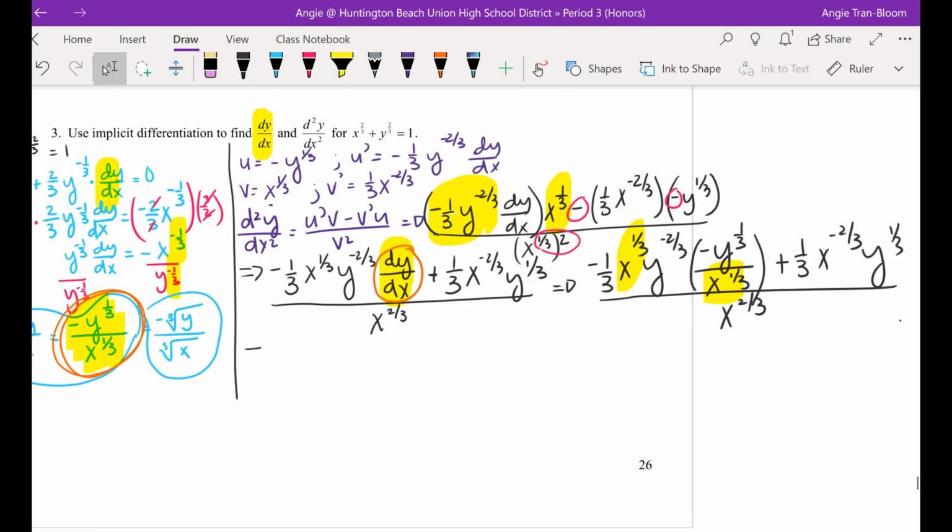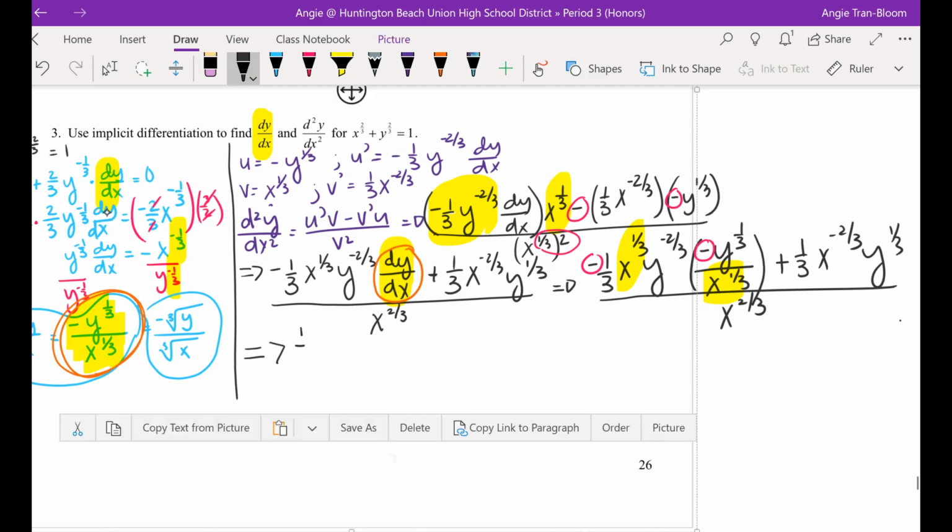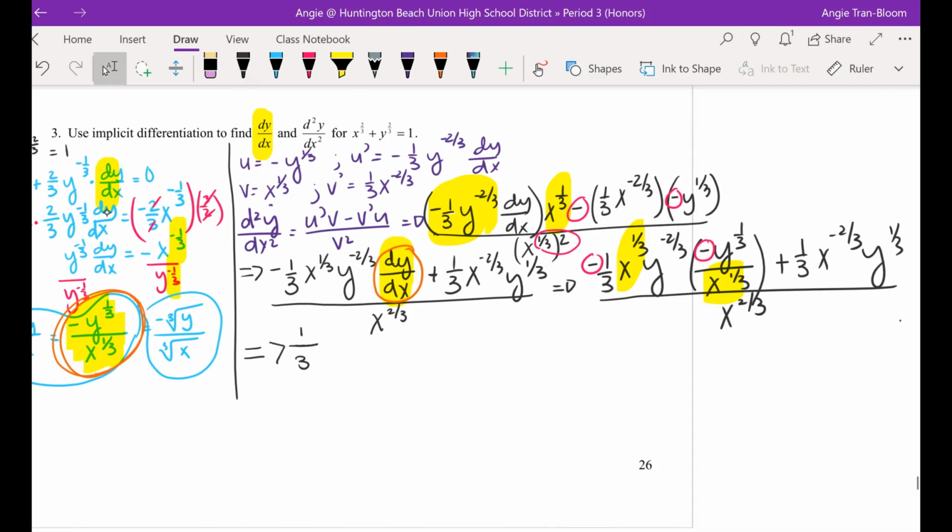So now, next step, 1/3 negative. Those x's are already gone. But actually, this negative and that negative is now going to be a positive. I'm working this out as I'm writing. So, okay, positive 1/3. Now, y to the negative 2/3 times y to the positive 1/3.